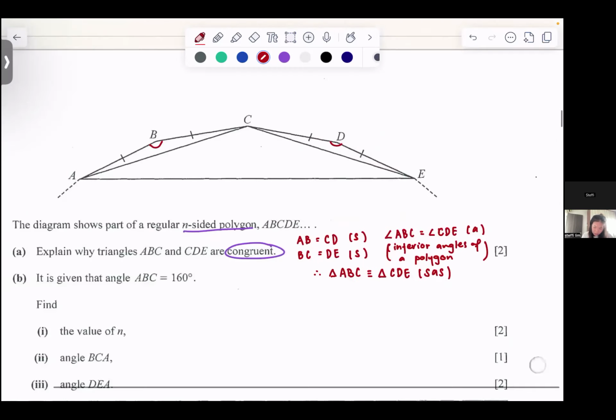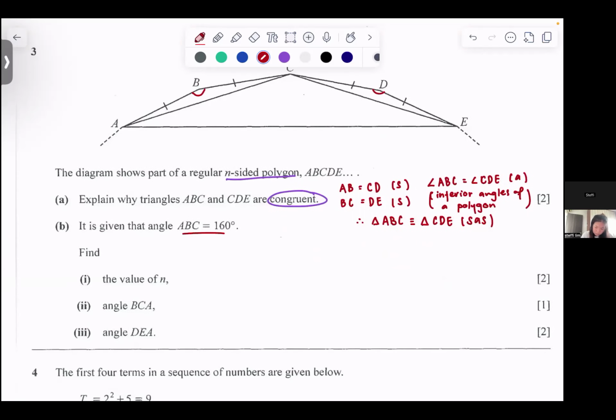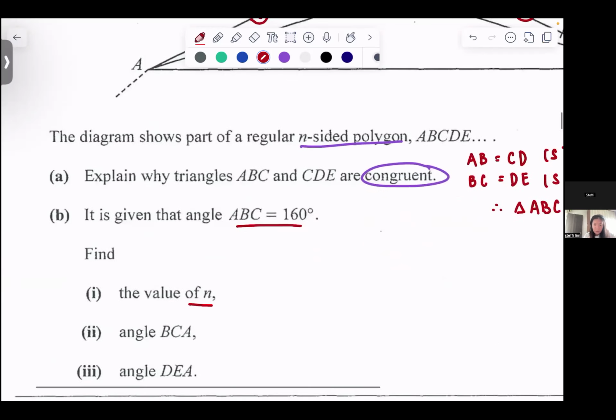Now you are given that angle ABC equals 160. Find the value of n. For part bi, they ask you to find the value of n, which is the number of sides. How many sides does this n-sided polygon have?